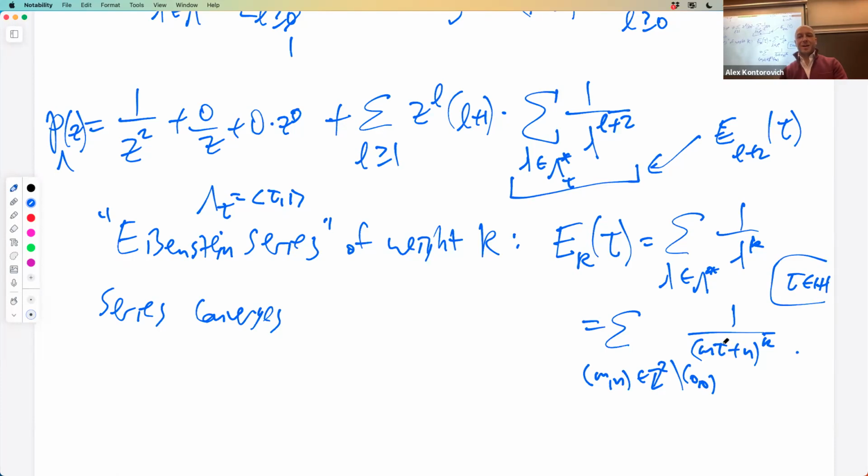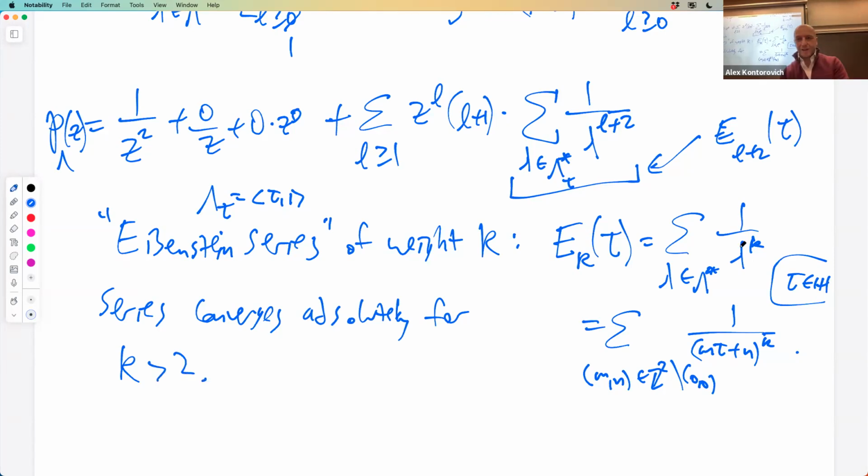And this, in fact, is a holomorphic function of tau in the upper half plane, because this series will converge. Where does it converge absolutely? For what values of k? Exactly, strictly greater than 2.